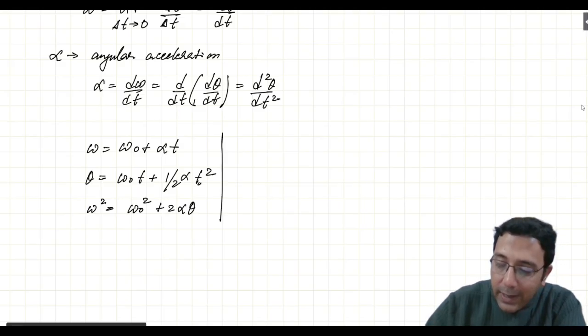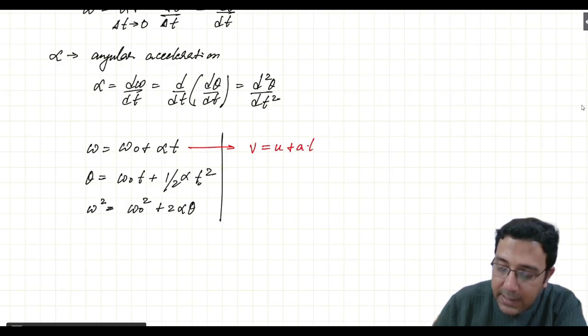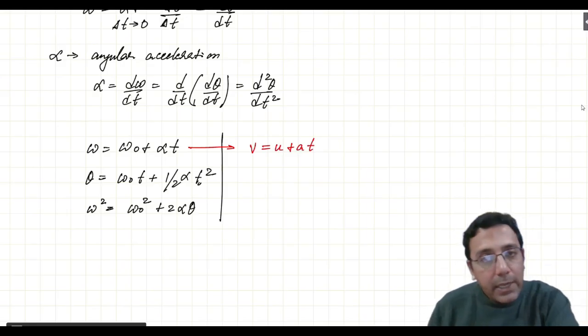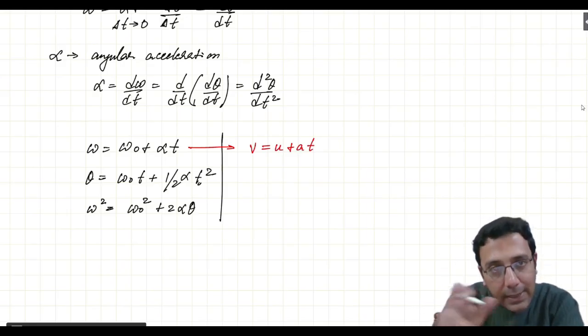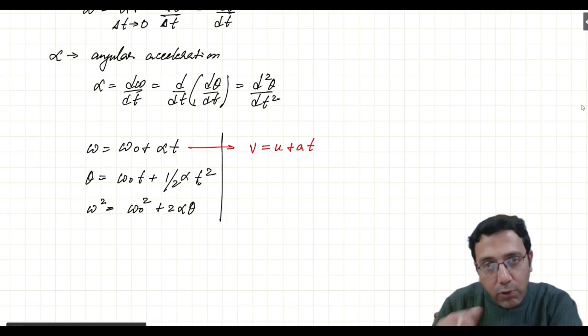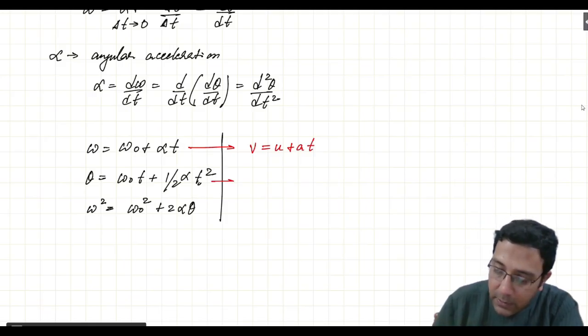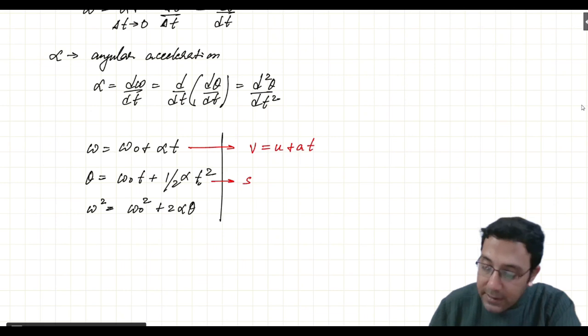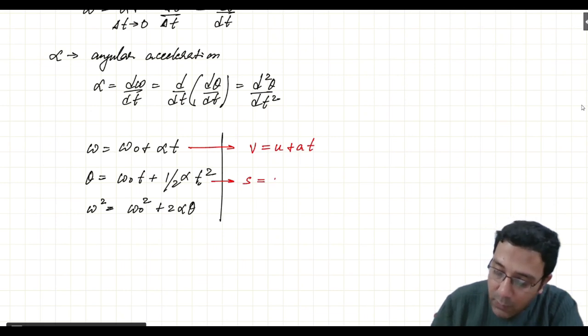If I draw an analogy, this can be compared to v equal to u plus at in linear motion. So you can compare between circular and linear. Theta is the position, s is the distance for linear. So s equal to ut plus half at square.